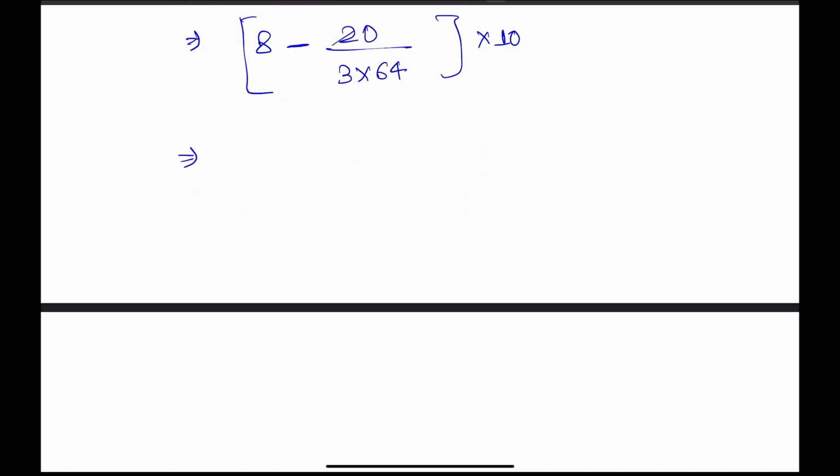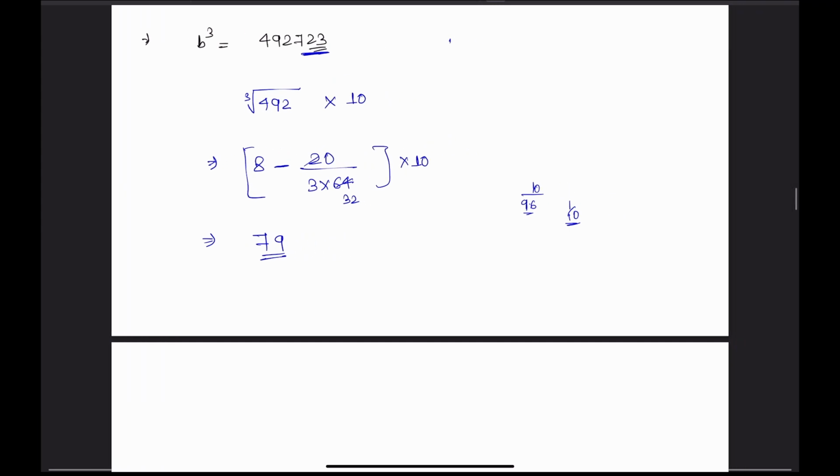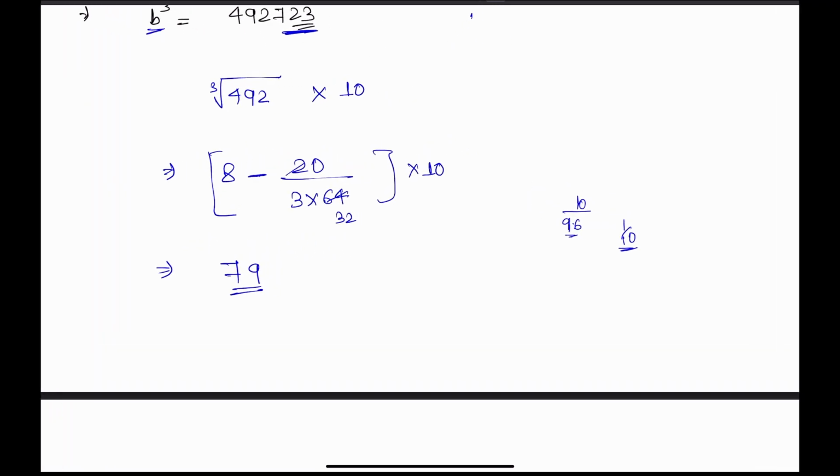So 2 can be 32, so 10 by 96. So can I say it is somewhat equal to 1 by 10? If you calculate nearly, I can say this is somewhat equal to 79. Okay, so b I can say is somewhat equal to nearby 79.